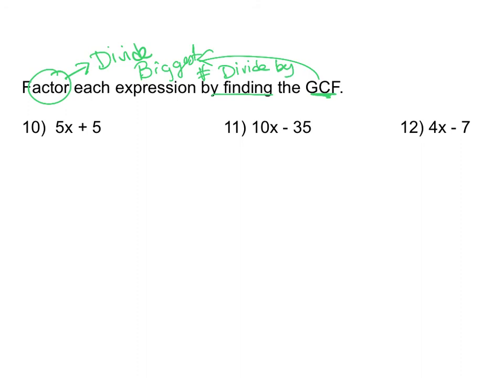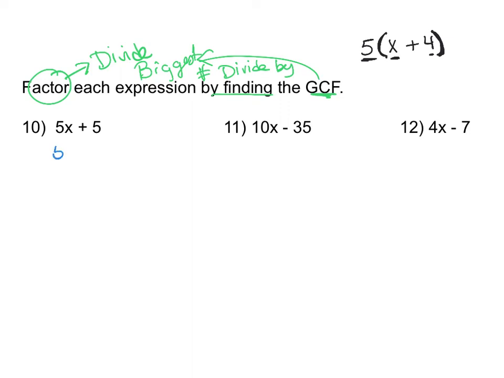So it's going to look like something that you would distribute. So you would have a number like 5 and then x plus 4 or something like that. You would have a number here, parentheses, and then a variable and a number or something like that. So that's what it should look like.